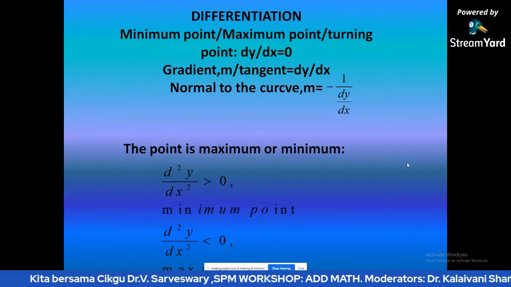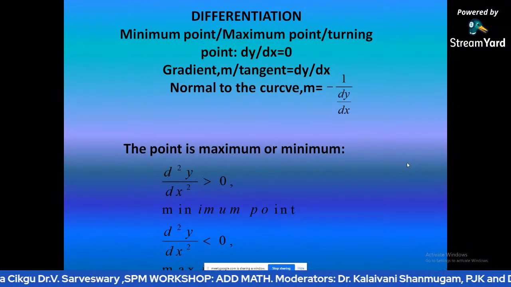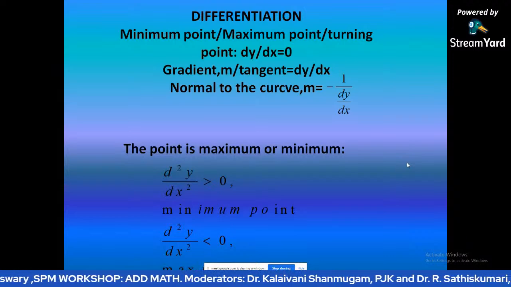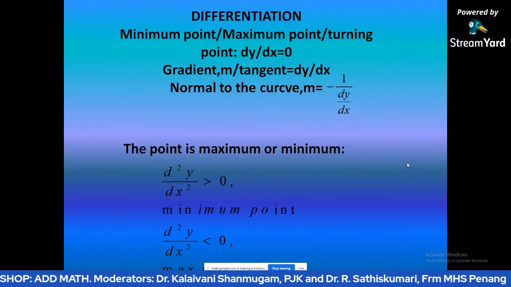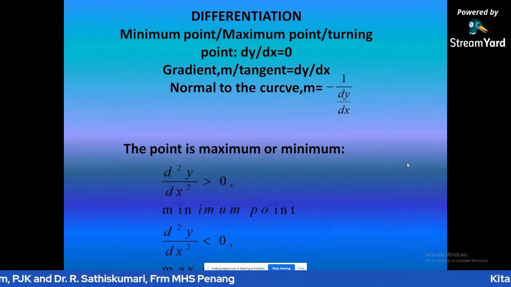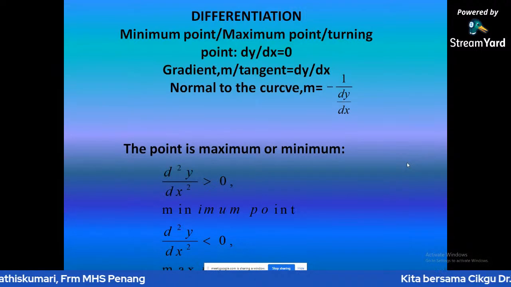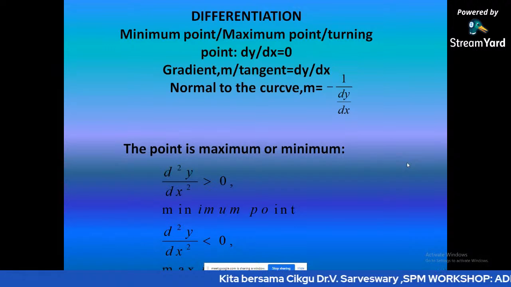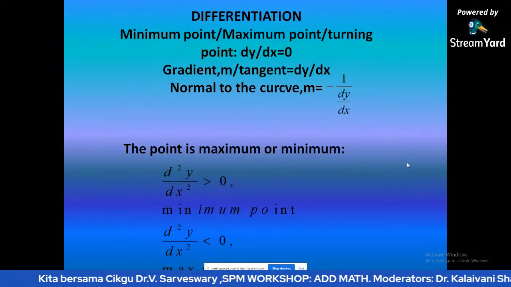The dy/dx at the turning point, that means at the minimum point or maximum point, the line of your graph is horizontal. So you draw a horizontal line for minimum and maximum value, that means the gradient is 0, correct or not? Your horizontal line, your gradient is 0. So remember, whenever you see the word minimum point, maximum point, turning point, dy/dx equals 0.